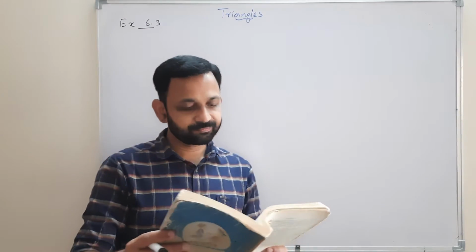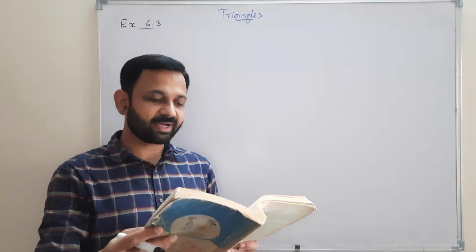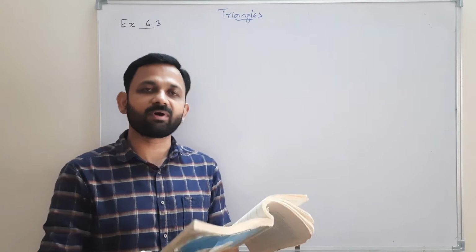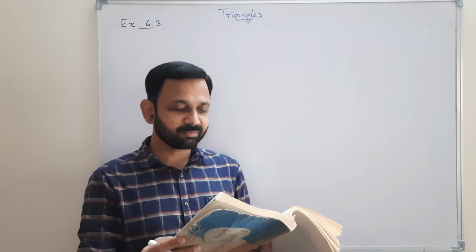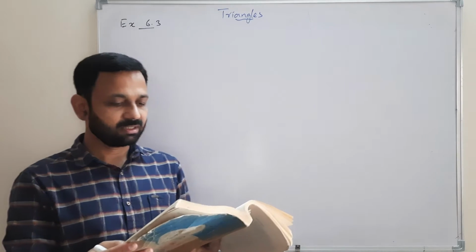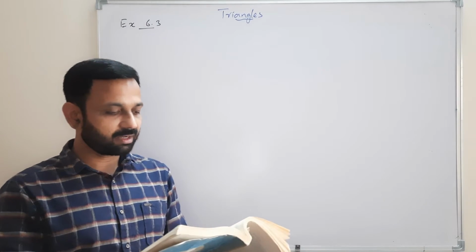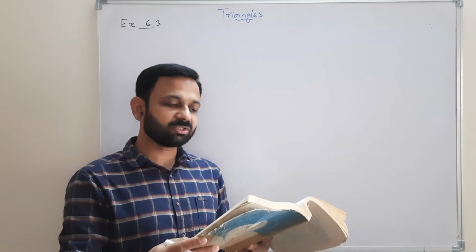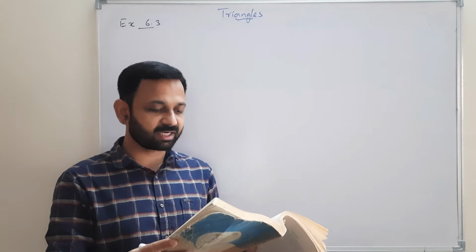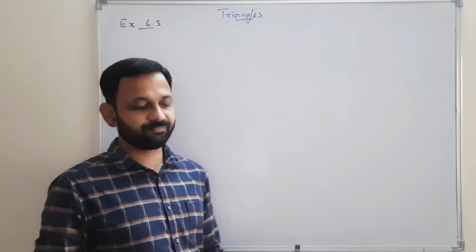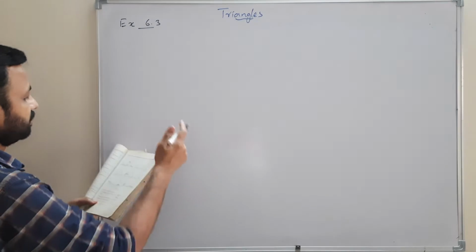Question number 1. State which pairs of triangles in figure 6.34 are similar. Write the similarity criterion used for answering the question, and also write the pairs of similar triangles in symbolic form. So we can do the first part.